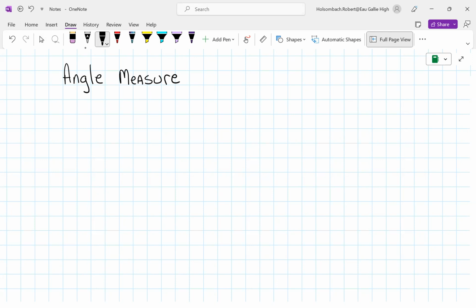If you look at your first definition, we've talked about a ray earlier this year, but we have not talked about opposite rays.